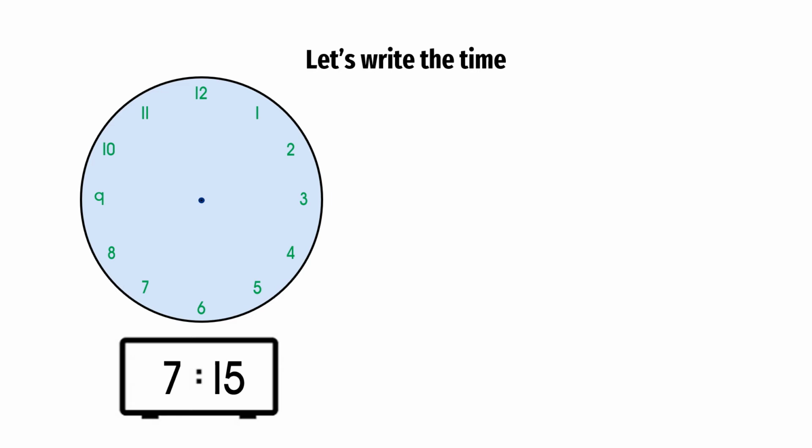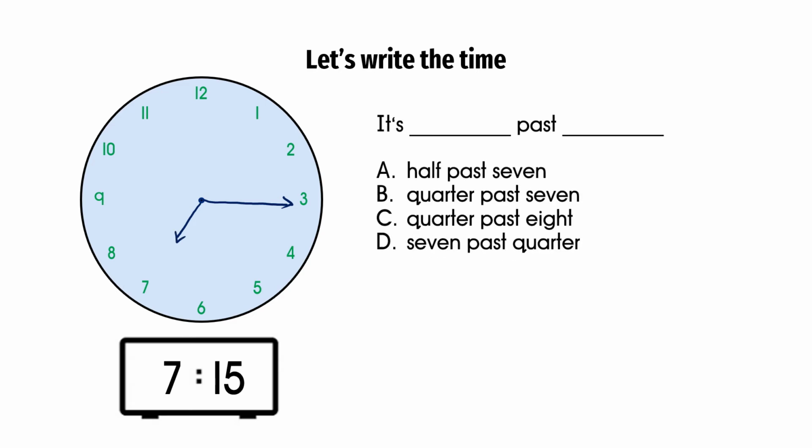Next, how about this time? How do we write it in the clock? Yes, the long hand goes to 3 and the short hand points to 7. Well done. And how do we say it in words?